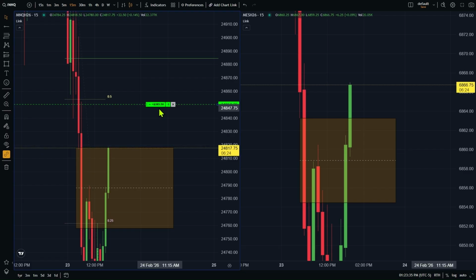Fair value gap has been filled on NQ. And there's 20. We're going to pull back the round number. We're going to make a new low of the day.